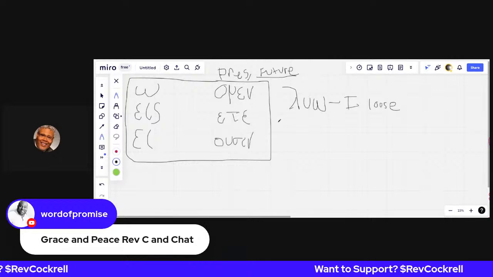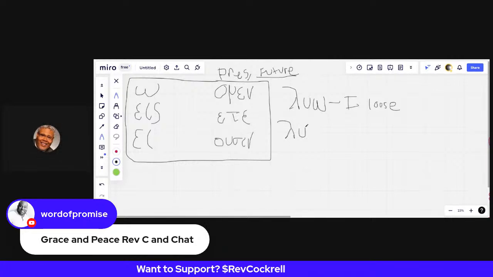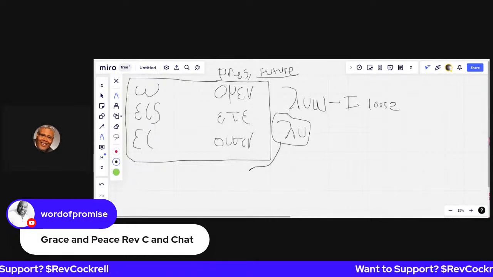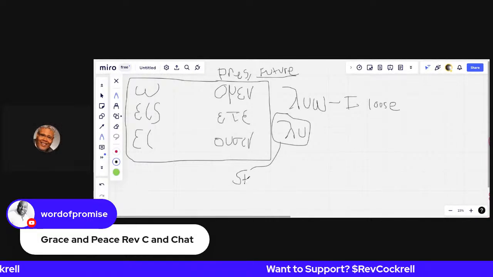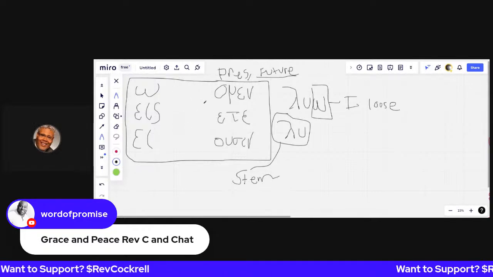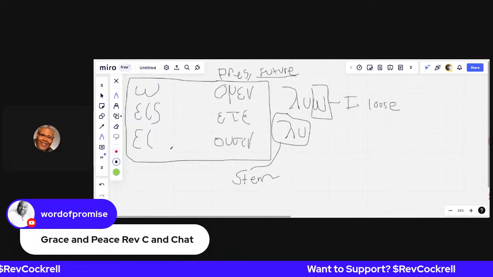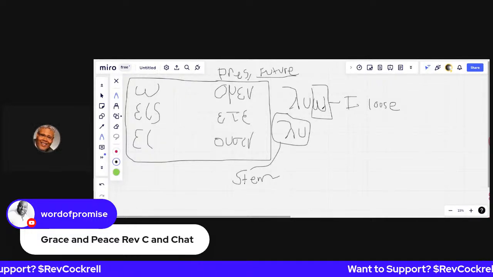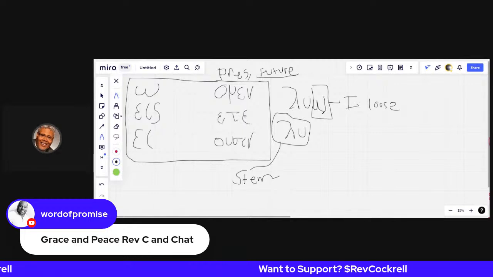So let me break this down for us. Lu, this is your stem. Anything over here, these are called your suffixes. They come at the end of the stem. You just plug it right onto the stem. Boom, boom, boom. This is a person number ending.